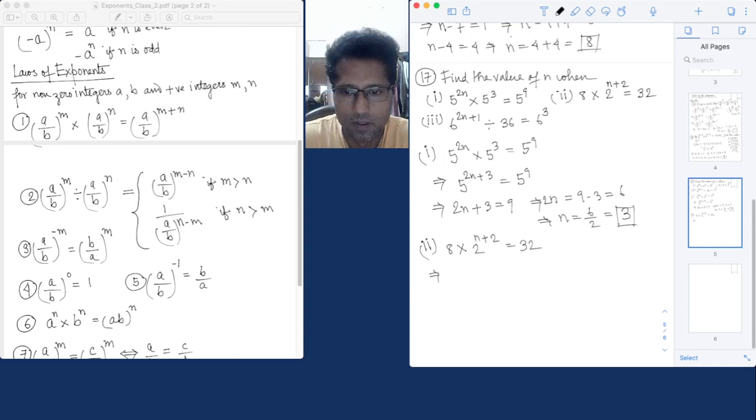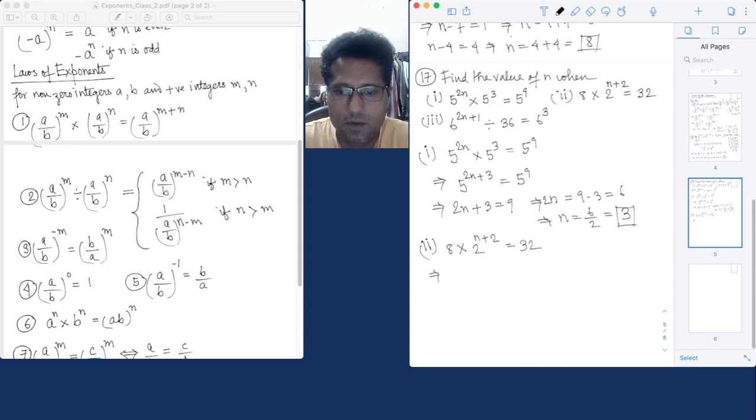We have to convert every other fixed number as a power of 2. So I have to convert both the left hand side and the right hand side into exponential form so that the base is 2. That is the primary objective to solve this problem.